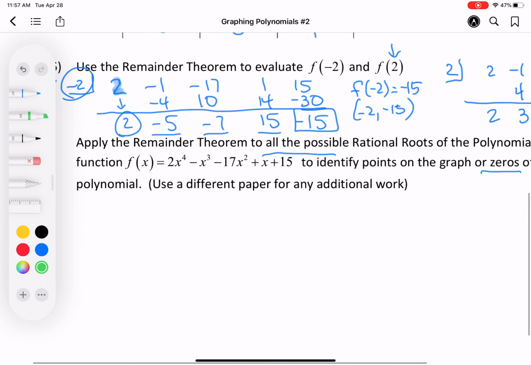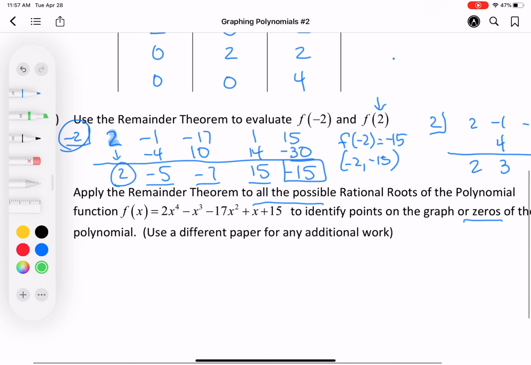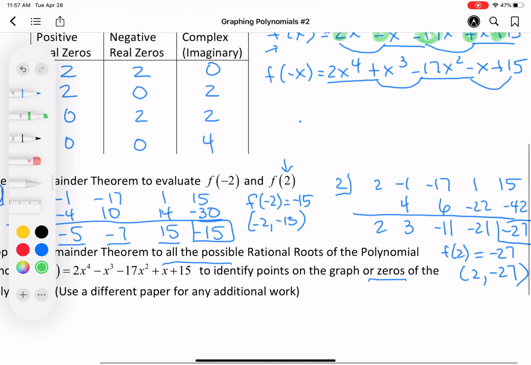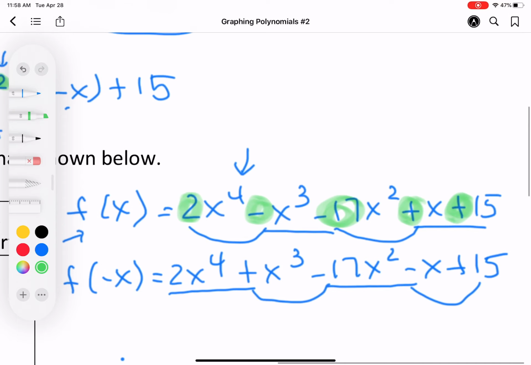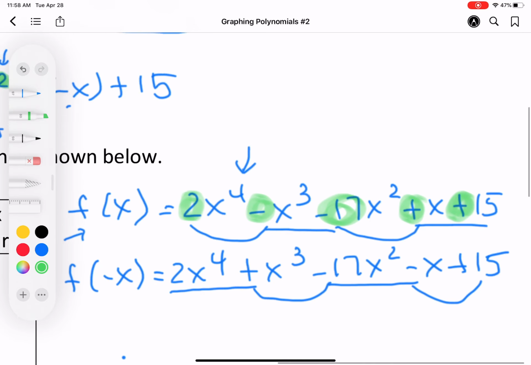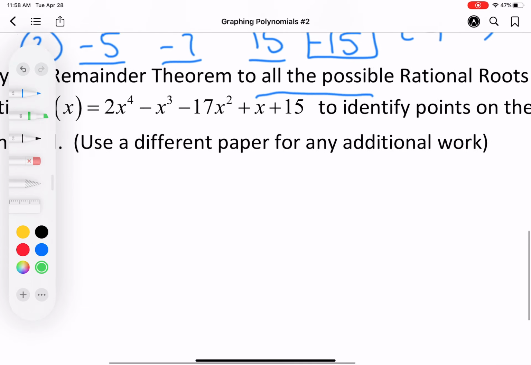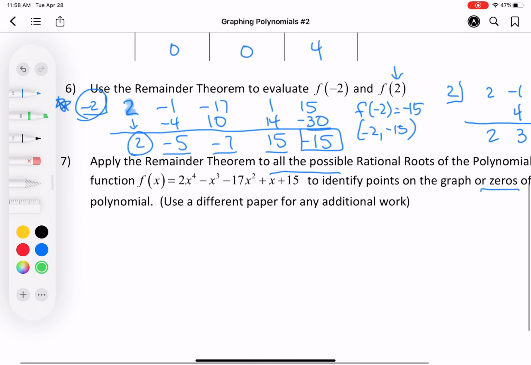So here, I'm going to do synthetic division with the function. I'm going to use these same coefficients to do synthetic division. I want to pick 3, and I'm going to pick 1. It could be positive or negative, whatever. I'm just going to pick positives.